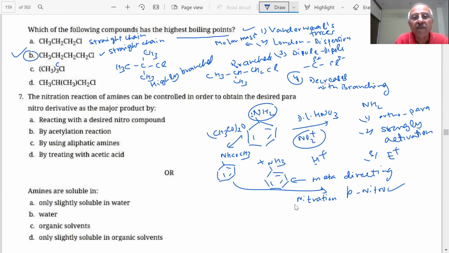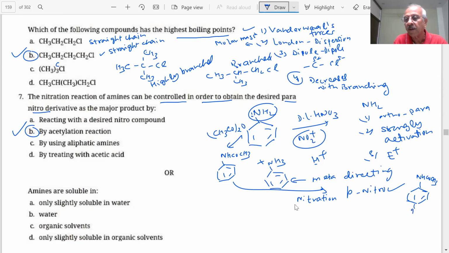Nitration reaction of amines can be controlled in order to obtain the desired para-nitro derivative as the major product by acetylation. So we do the acetylation to protect the NH2 group, then you can get the para, because then the power will be reduced and this will give me NHCOCH3.